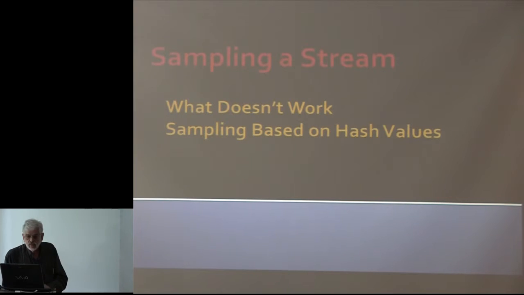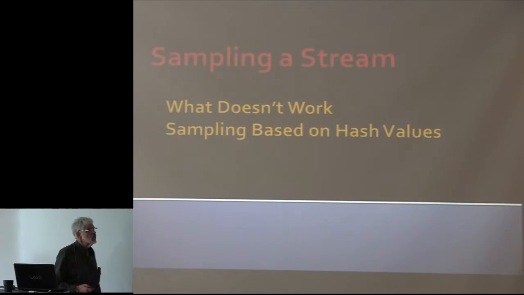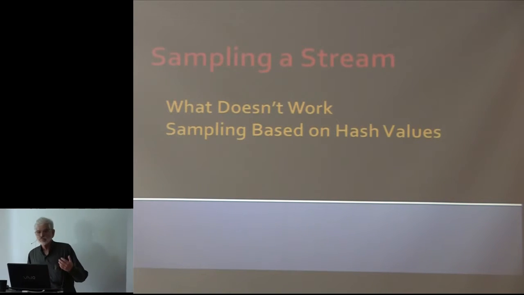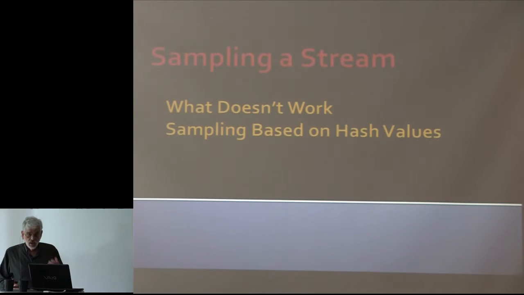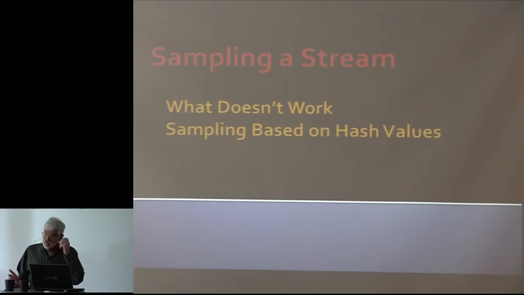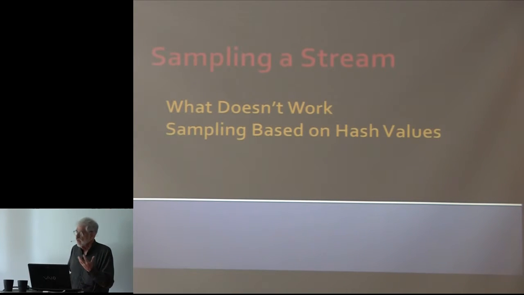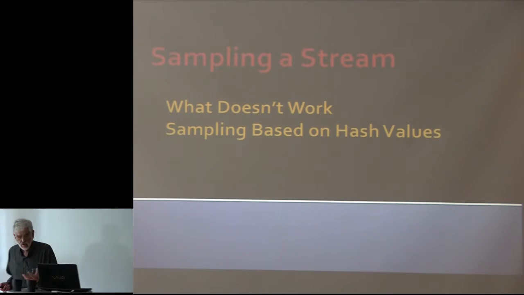Okay, let's see. Moving right along here. I want to talk about sampling a stream. The idea is sometimes you can't afford to process an entire stream, but you'd like to answer a question by looking at only a sample of it.